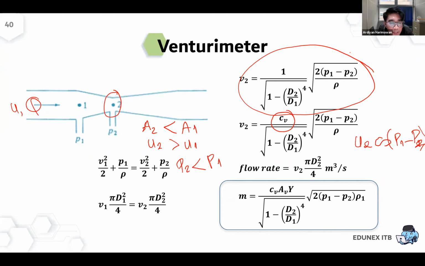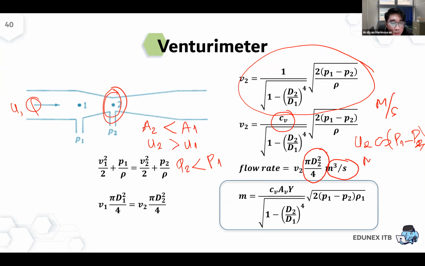Okay, then this one is flow rate. Flow rate is again meter per second. So if you want to convert to cubic meter per second, then you have to multiply by the area of point 2, because the flow rate is the velocity at point 2.